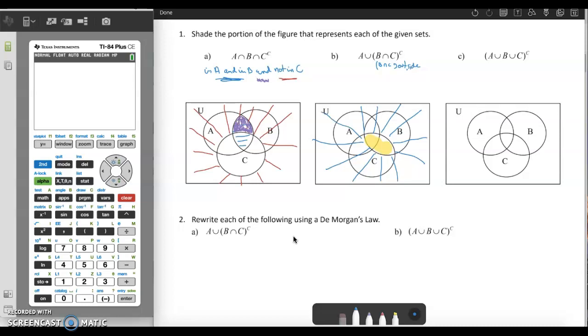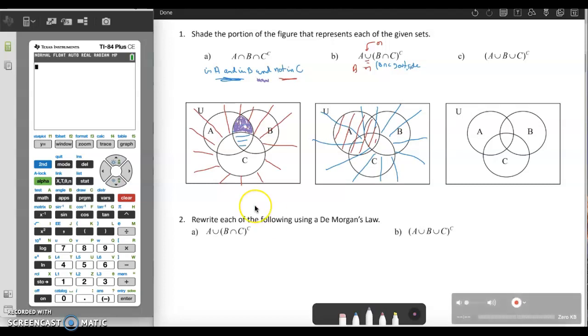And then I'm going to erase that so that I don't keep it and think that that's a shaded part. And now I want to do or, because this one's a union, or in A. So I need to shade everything in A for this one. And then what I keep, because the main symbol was an or, is anything that's shaded anywhere right now.